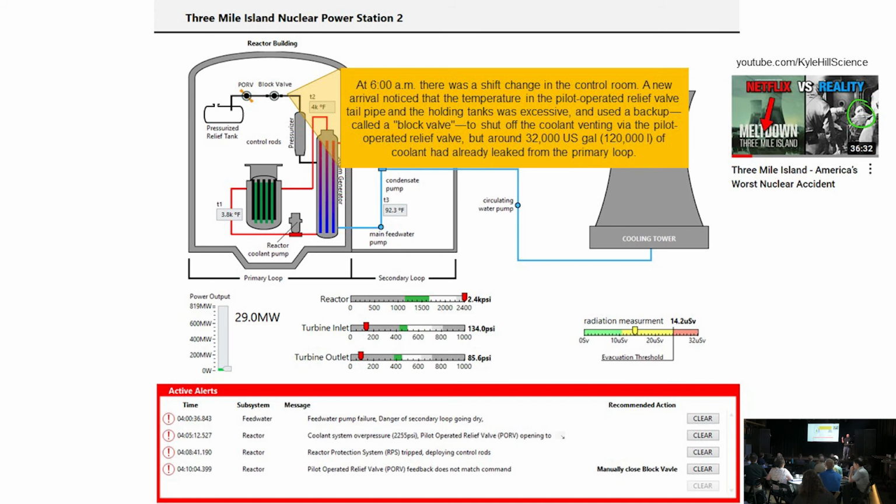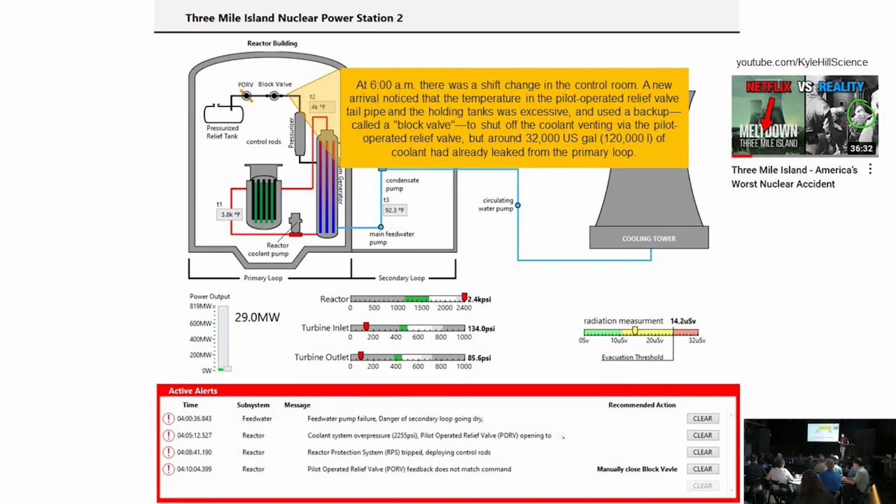It went open and then never closed. Operators watched for 2 hours and didn't know what was going on as the water all started to boil off, and eventually the fuel was exposed to air and had a meltdown.